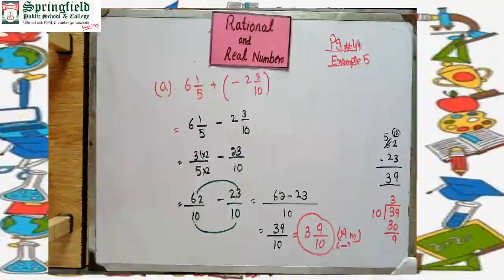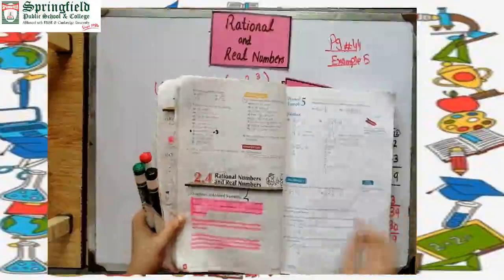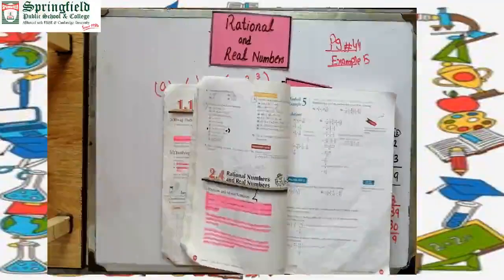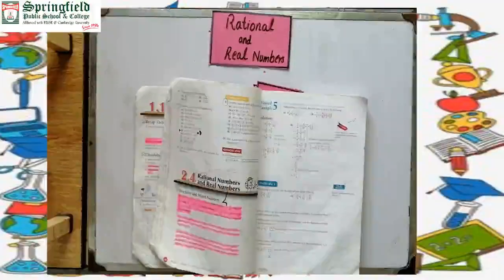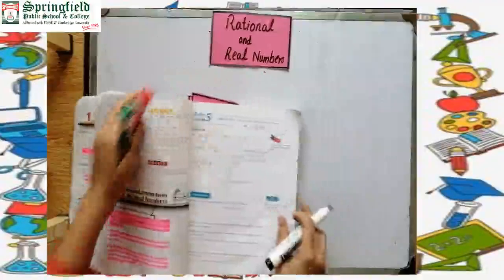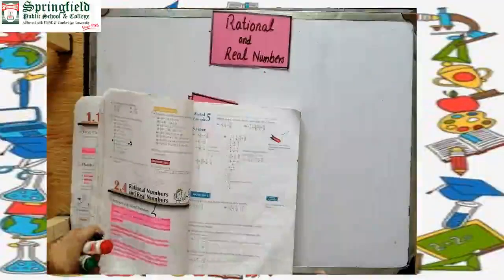Understood, beta? Okay. Now do the practice of the second B part. Come to the practice question, page 44, practice question B part. There are 3 numbers.